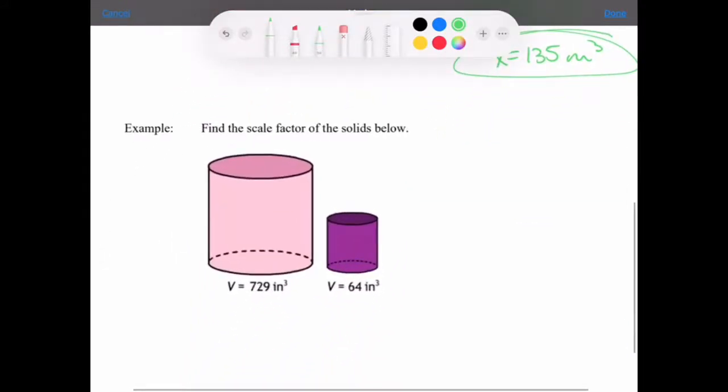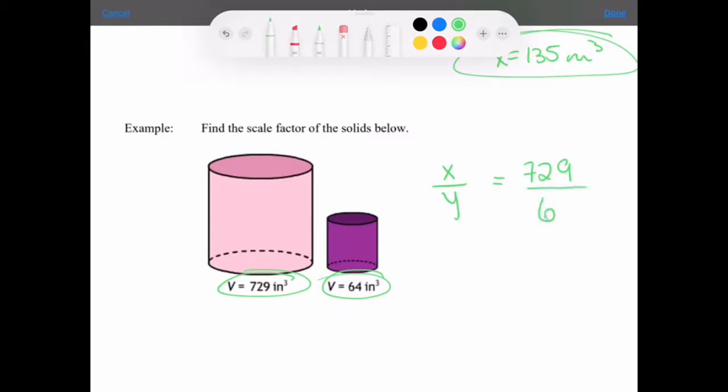Okay, let's look at this one. It says find the scale factor of the solid below. So we have the scale factor of the volumes, right? Because we know that x to y is going to give us 729 to 64 if they're proportional. But remember, we have to square the scale factor of the actual solids. We're not squaring the volume.